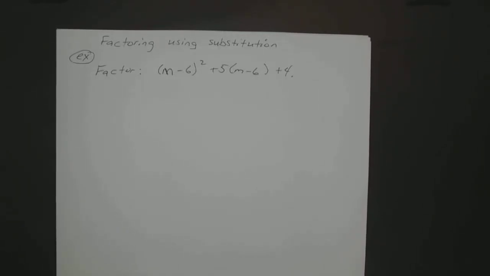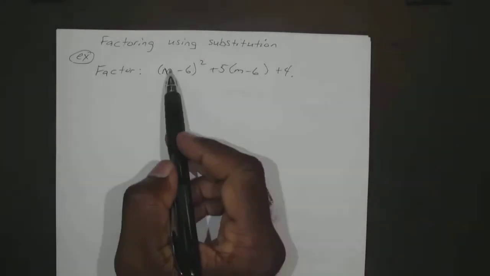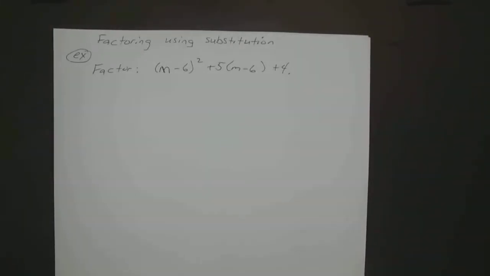Now this one's a little bit different than what we've been doing so far. So far it's just been an x squared or something times x squared, but here it's a little bit different.